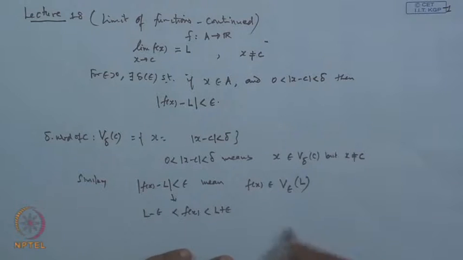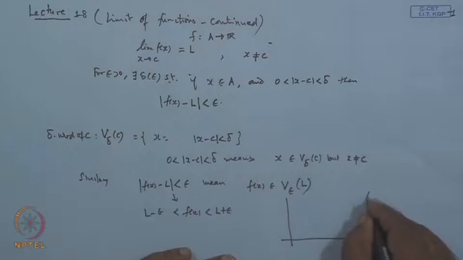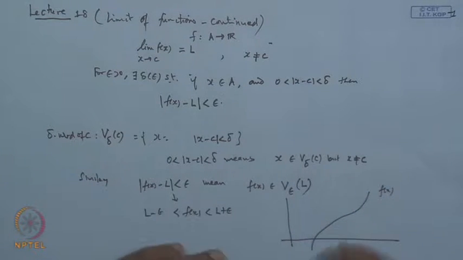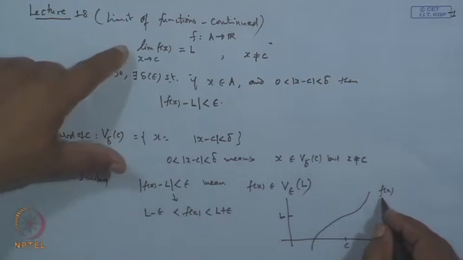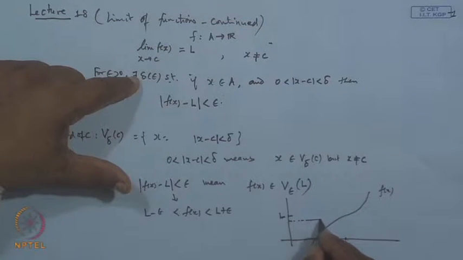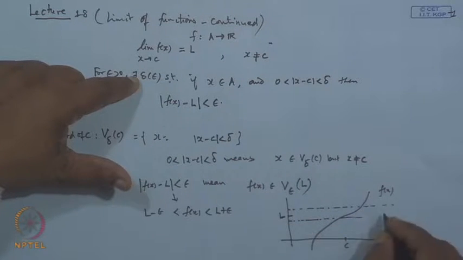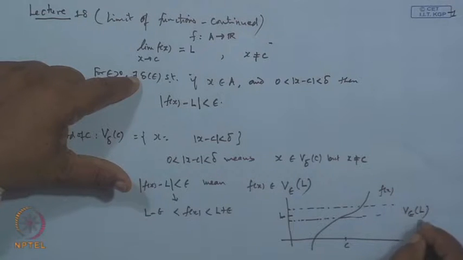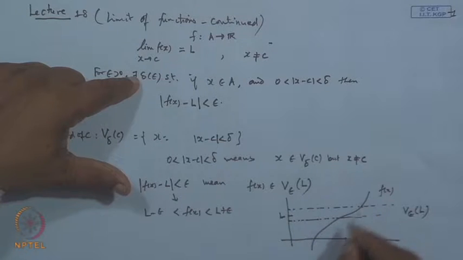It means that if we have this function, say this is our function f(x), and here is the point c, and this is L. So, what it says is the limit of the function f(x) when x tends to c equals L means, for a given epsilon greater than 0, if I consider an epsilon neighborhood V_epsilon(L) of L, then corresponding to this neighborhood we can find a delta neighborhood of c, (c − delta, c + delta), where c may not be included in it.